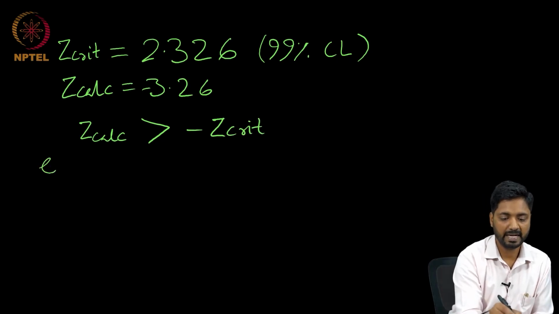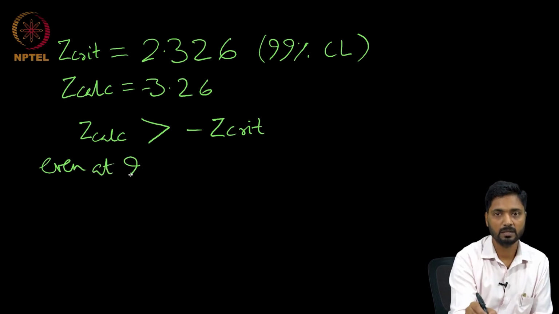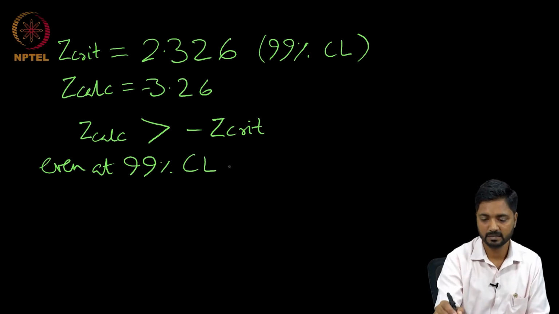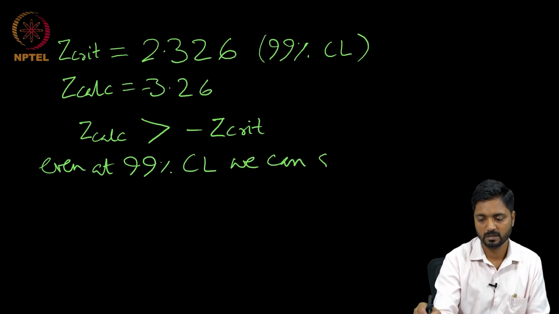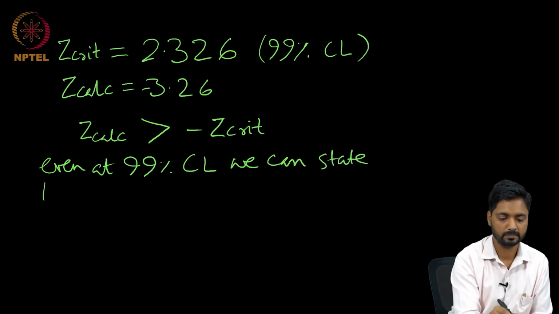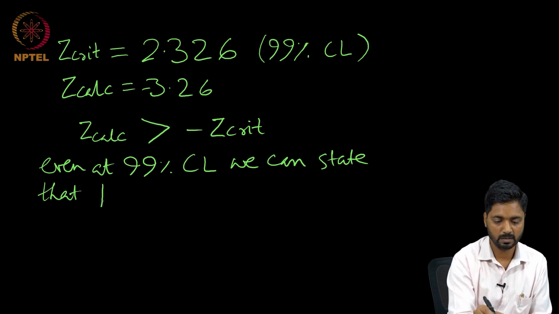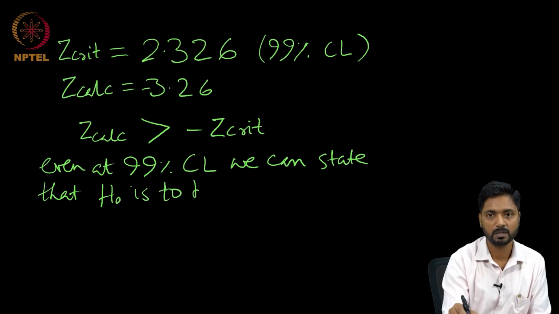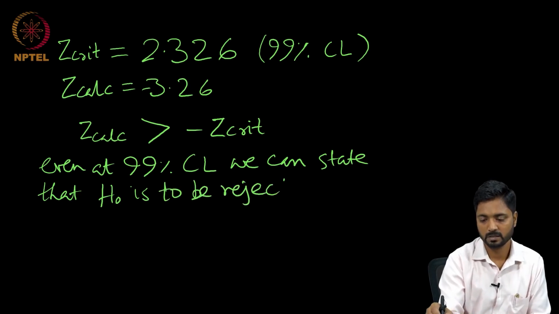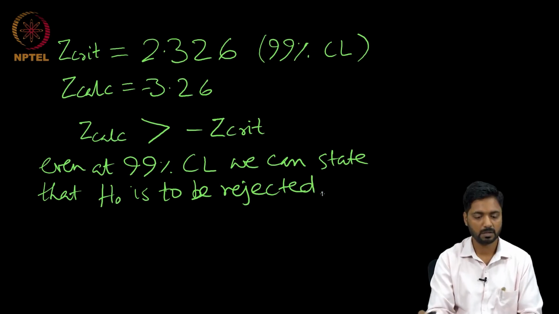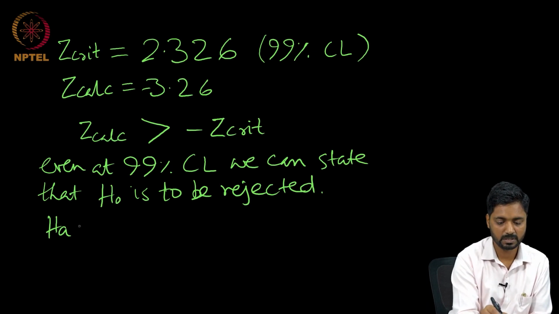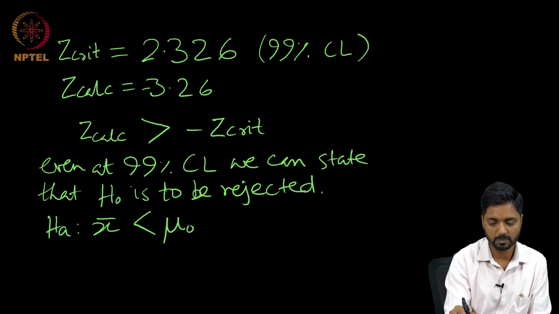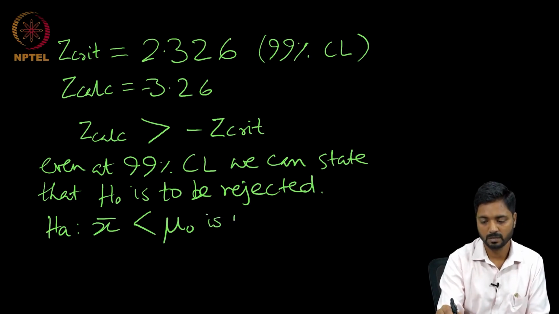So, even at 99% confidence level, we can state that the null hypothesis is to be rejected, or the alternate hypothesis that x bar value is less than mu naught is upheld.